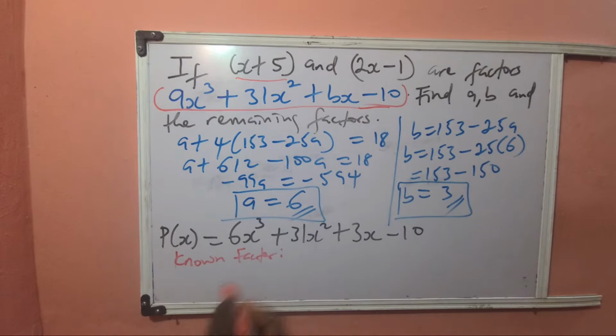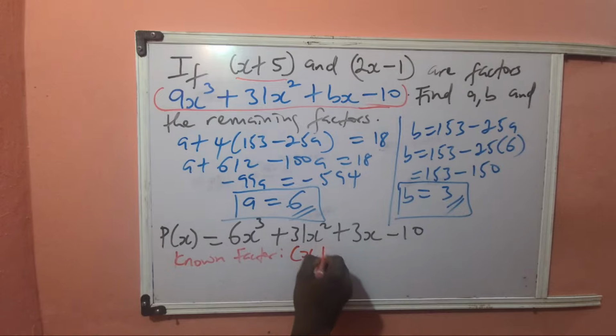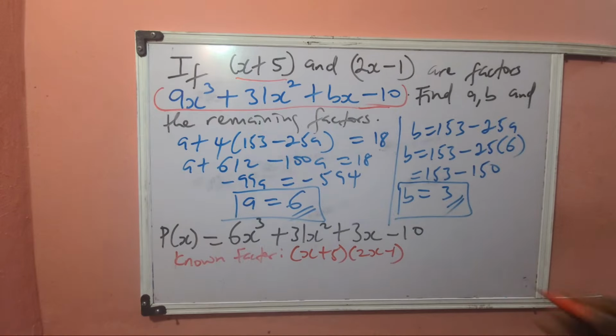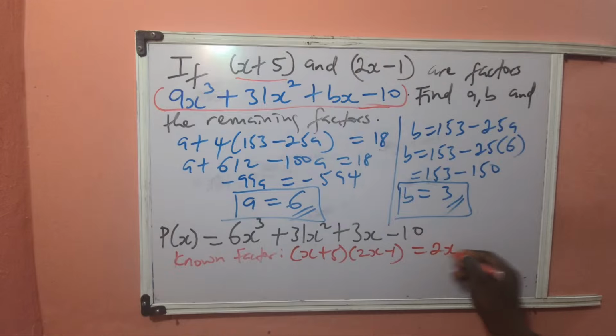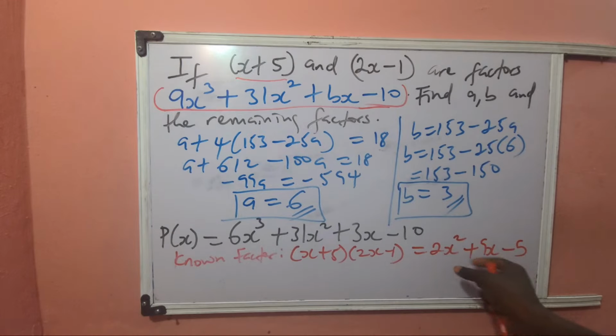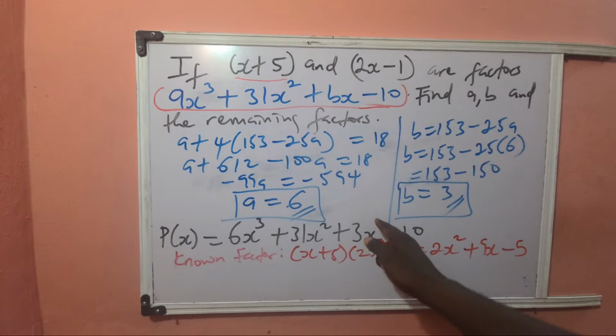If you multiply these two together, you'll be getting 2x squared plus 9x minus 5. You can go on to multiply this on your own. Now looking at this, you understand that if you are told that something is a factor of something, these two are factors of this polynomial.